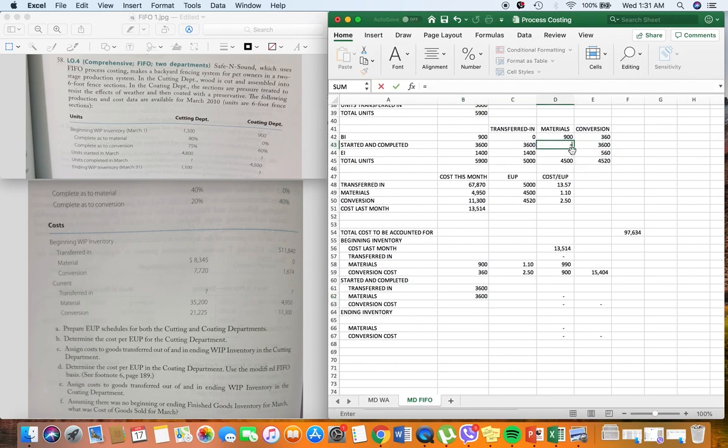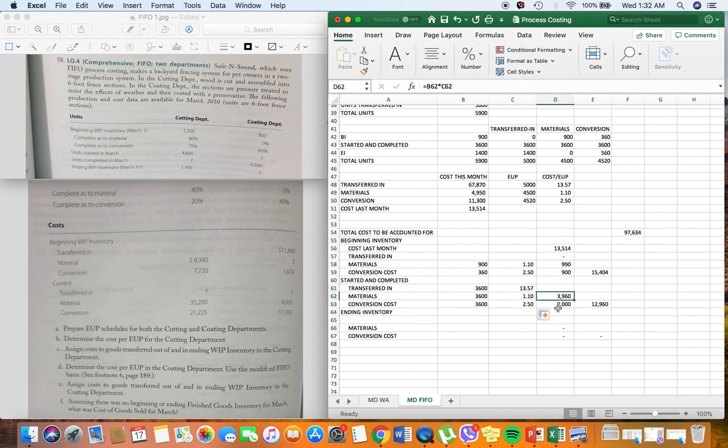Transferred in, materials, and conversion. Okay? And then, we will multiply this by the cost per EUP, which is 13.57 for the transferred in, 1.1 for materials, and 2.5 for conversion.